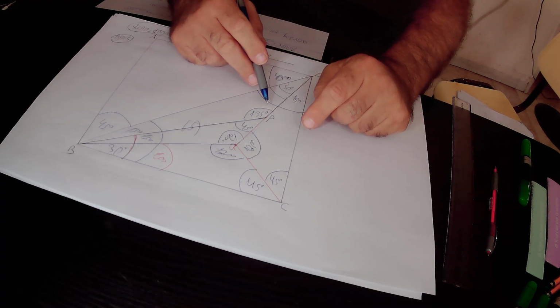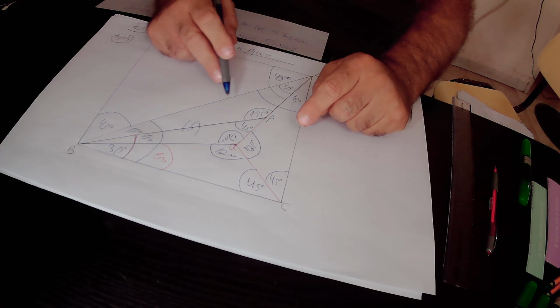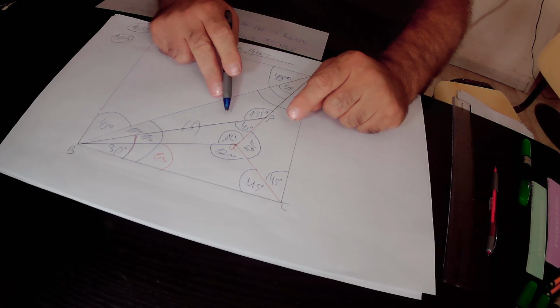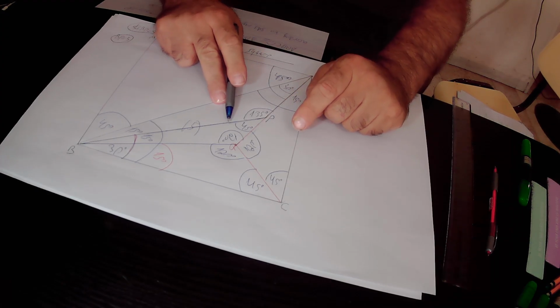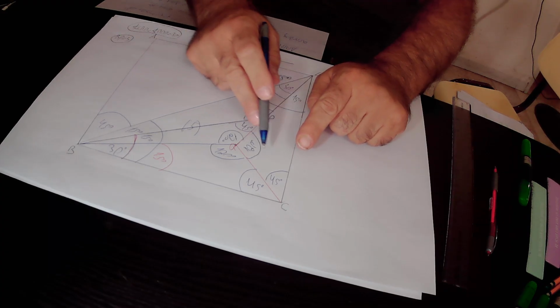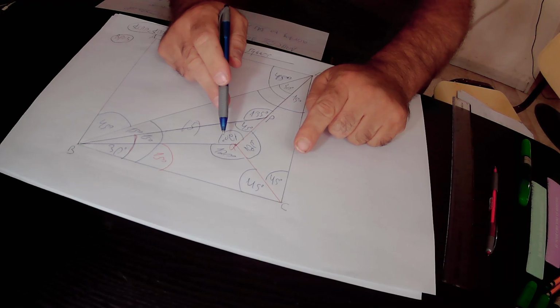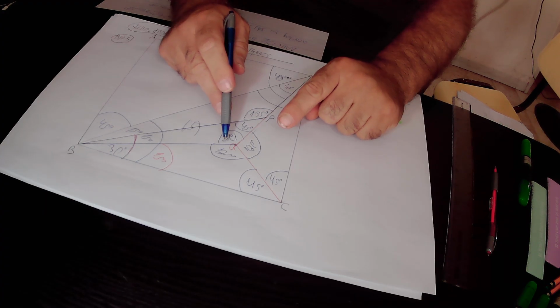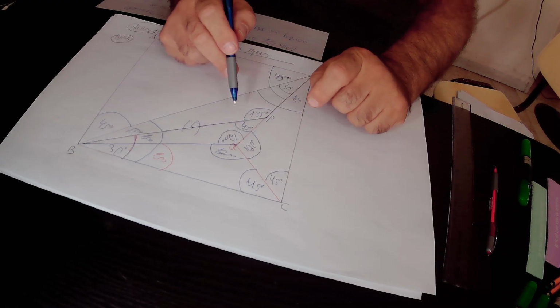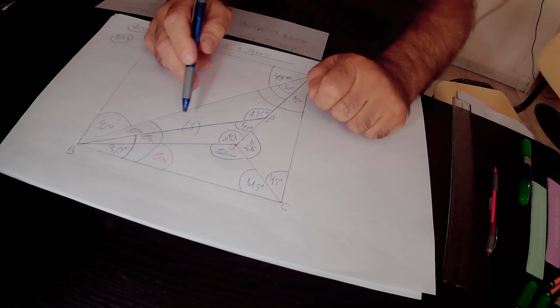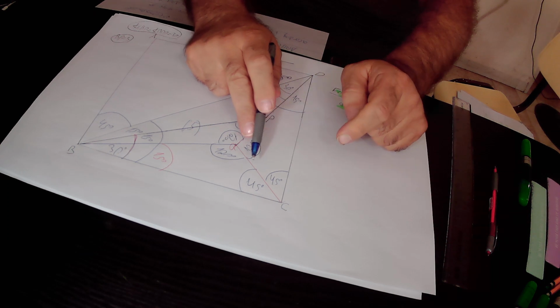Because in triangle PQB, side PB is located in front of this angle that is equal to 120 degrees in size. Likewise, in triangle BQC, BC is also located in front of this angle that is equal to 120 degrees in size. Therefore, side PB is the corresponding side of side BC.